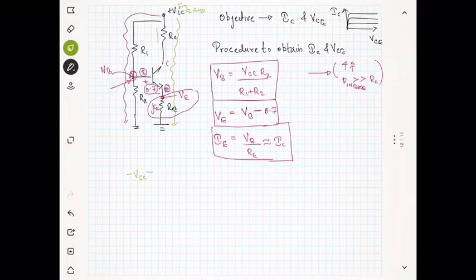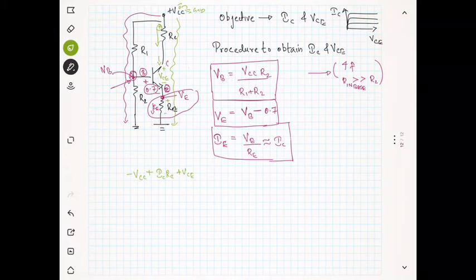Then you know that the current is going down, so you can see the current is going down, and this is plus, so plus IC RC. Since the current is going down, this is plus at the collector, and minus at the emitter. So the polarity is plus VCE, then the current is going down through IE, which is approximately equal to IC.